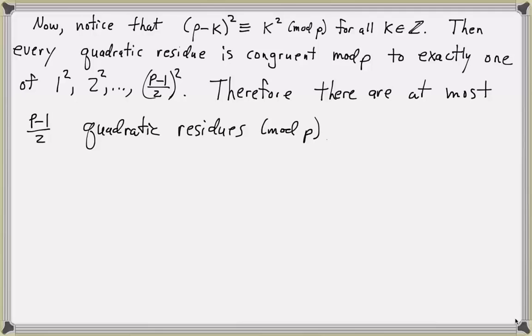So therefore there must be exactly (p minus 1) over 2 quadratic residues mod p.